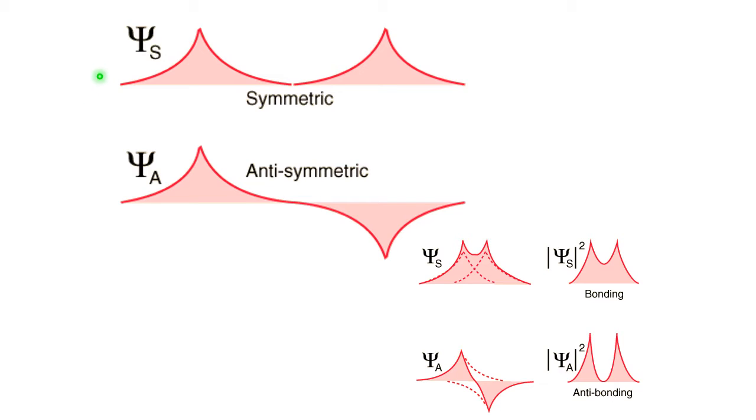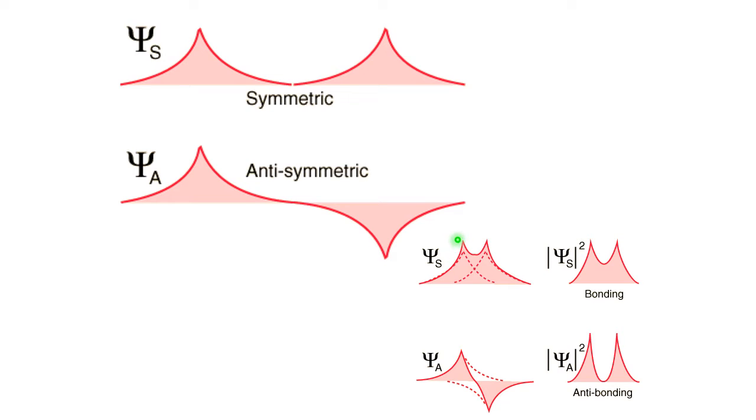So we will be looking at two solutions of Schrödinger equation. One will be addition of two 1s functions from atom 1 and atom 2. And another will be antisymmetric, so addition for atom 1 and subtraction, algebraic subtraction, atom 2. So here 1s will be with sign plus, and here it will be with sign minus.